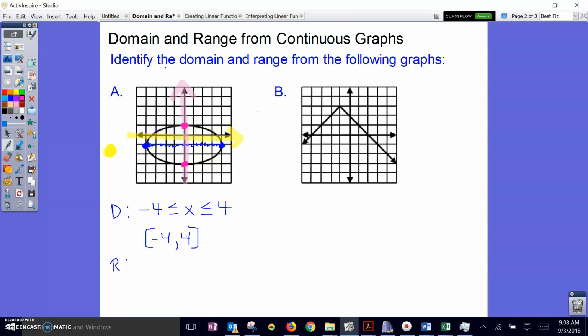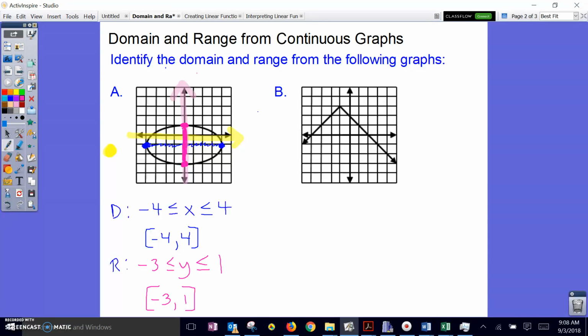And so our range is going to be all these values between these two points. This lowest point is at -3. There is a point on the graph there. The range is represented by y values, and it goes all the way up to and including +1. So there's our range. If I wanted to write that in interval notation, it would look like this: -3, 1, with brackets at the endpoints.